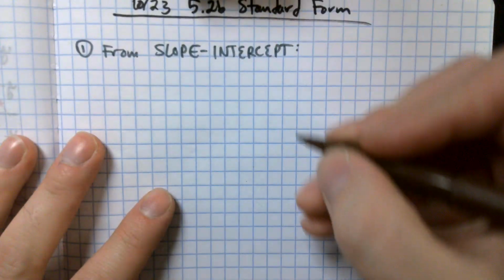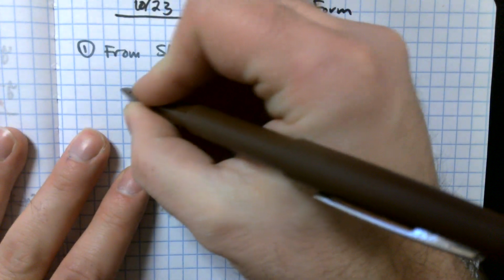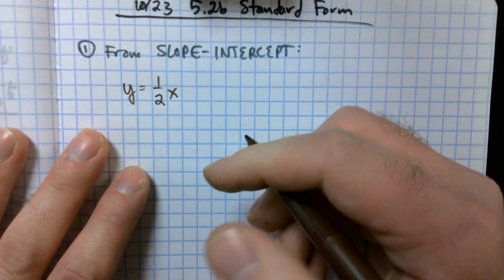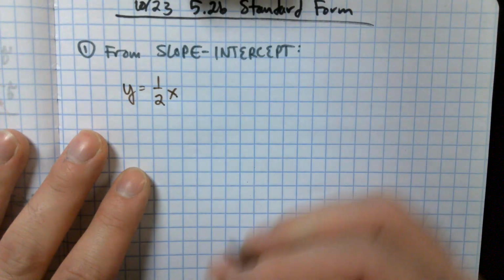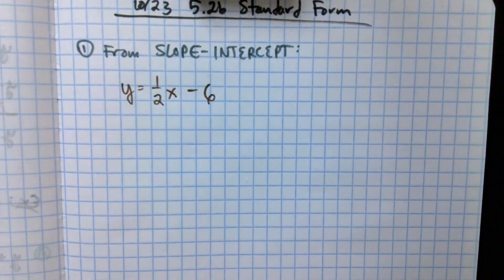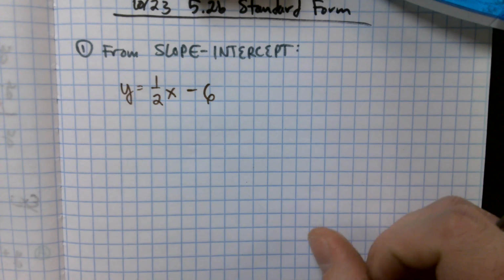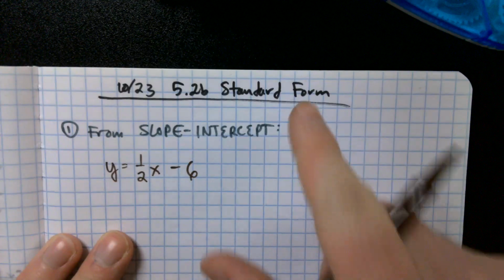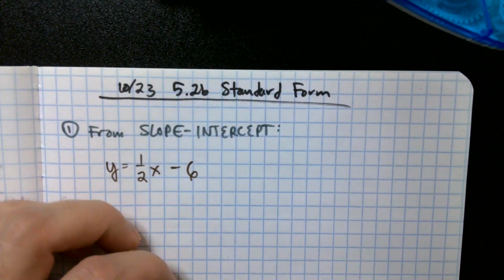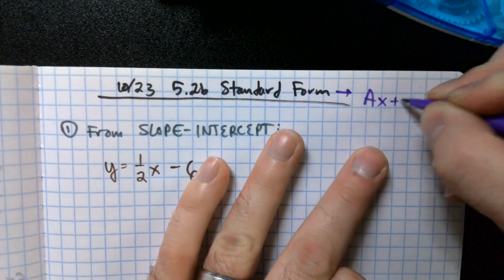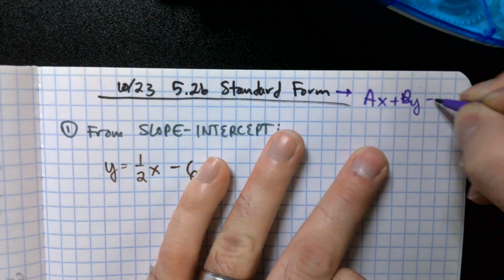So if I have y equals 1/2 x minus 6, what form is that equation written in? Slope intercept. I want to get it in standard form, which, as we know, is ax plus by equals c.